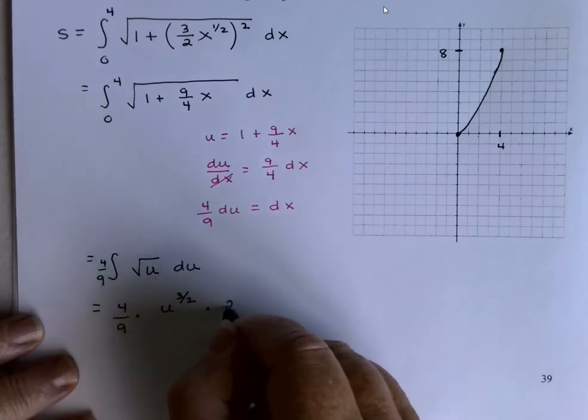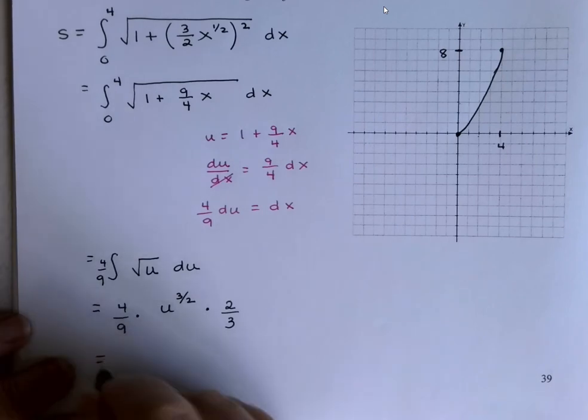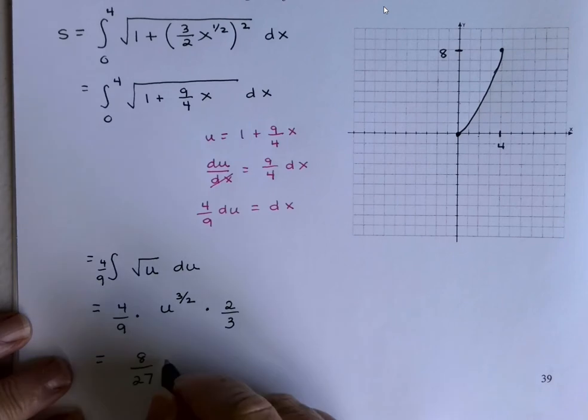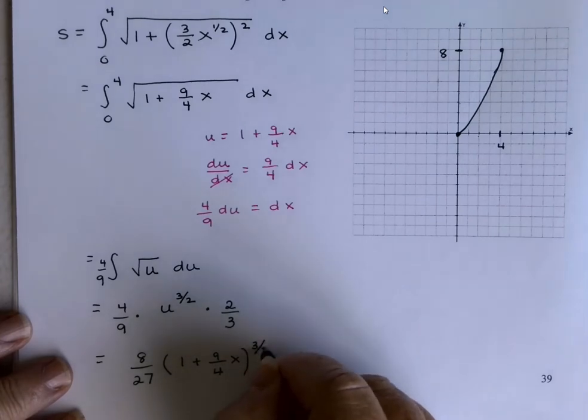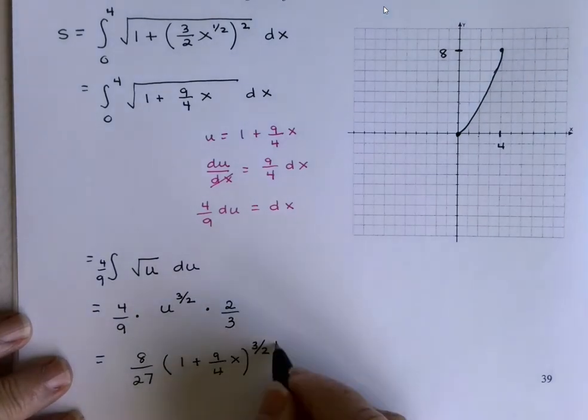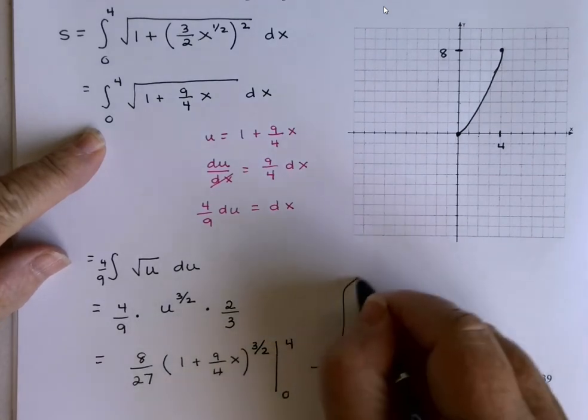Dividing by 3/2 is the same as multiplying by 2/3. So I have 8/27 times 1 plus 9/4 x to the 3/2. And now that I've got the x back, I can put the 0 and the 4 back in.